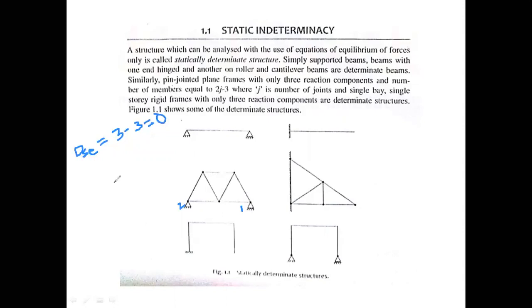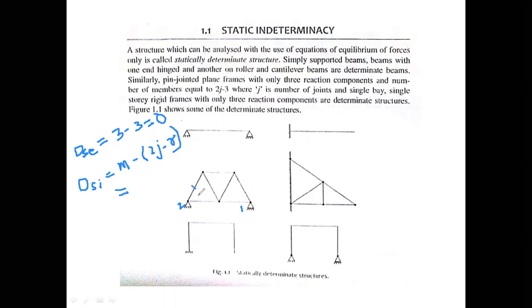Now if we talk about internal, we know this equation needs to be satisfied, that is, DSI for a pin jointed frame will be m minus (2j minus r).